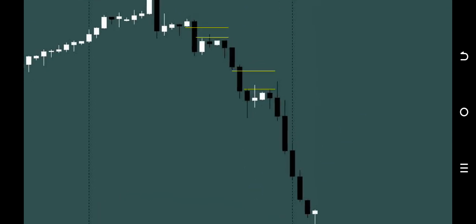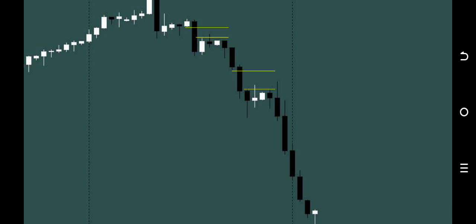Can you see? Without the creation of a fair value gap, there will not be downward movement. As this fair value gap, which is the leg, was created, it was now time for price to move. So you cannot do away with the fair value gap. If you want to actually learn pure price action, the fair value gap is very important.